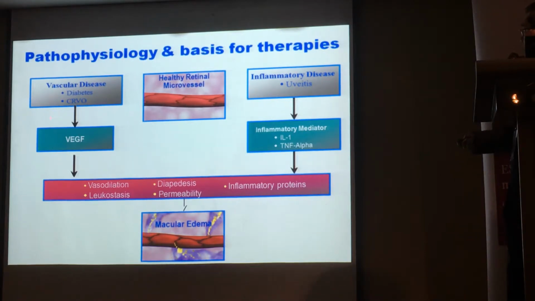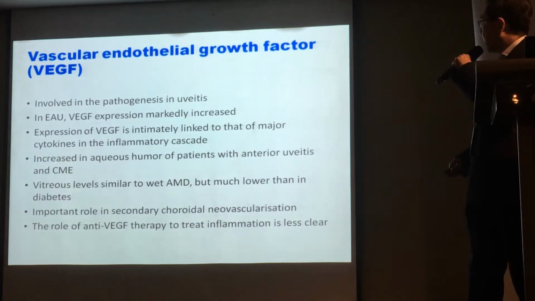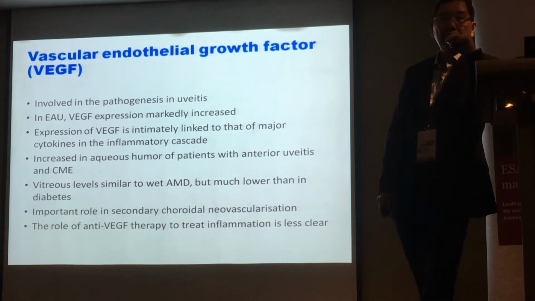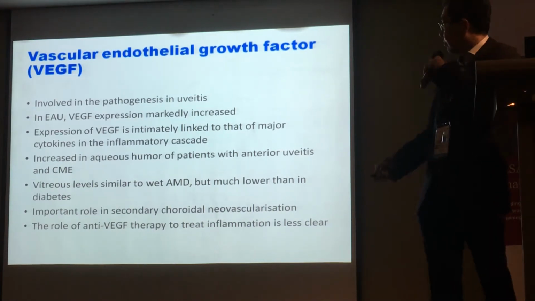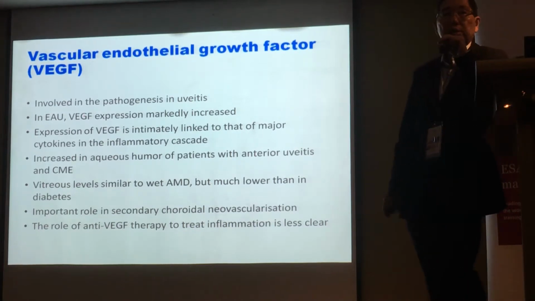So with the pathophysiology, we're looking really at other mechanisms of action, such as vascular endothelial growth factor. Surprisingly, VEGF can be upregulated in quite a lot of cases of uveitis, even experimental uveitis. In EAU, VEGF expression was markedly increased.